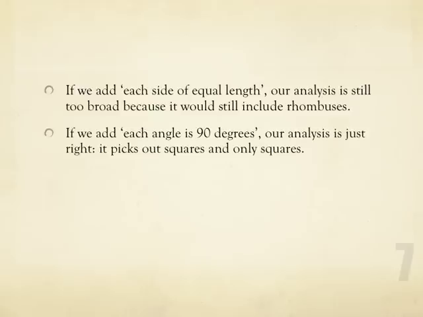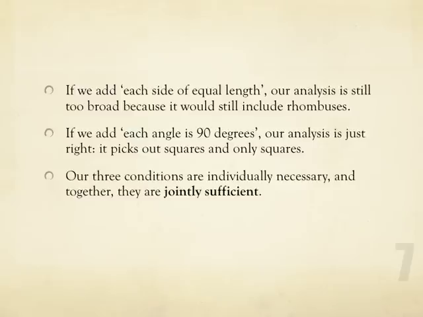So we need to add that. So if we stipulate that the angles must all be 90 degrees, then we'll be good. So a square is a closed shape, 4 equal sides, and has 4 right interior angles. And we've done it.